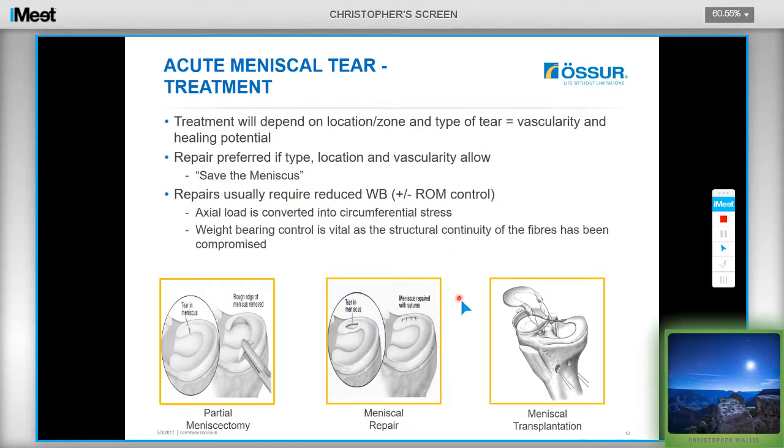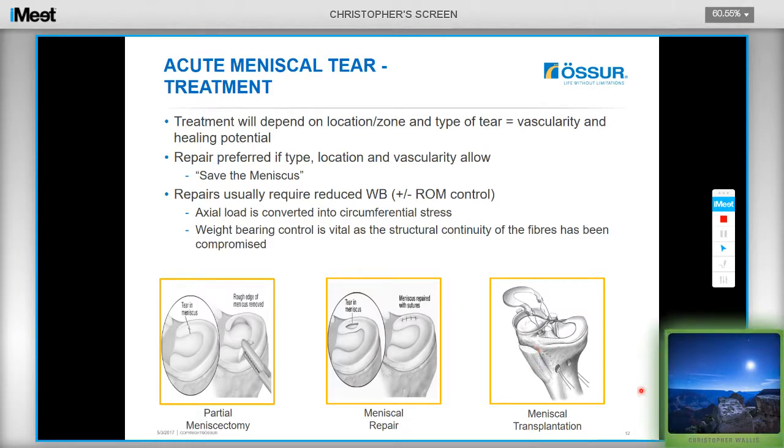And when we think about the structure of the meniscus and those circumferential fibers which convert that axial load into circumferential stress, if the structural continuity of those fibers has been compromised, as in a meniscal tear, it stands to reason that we want to reduce the axial load to prevent that hoop stress whilst those fibers are trying to heal.